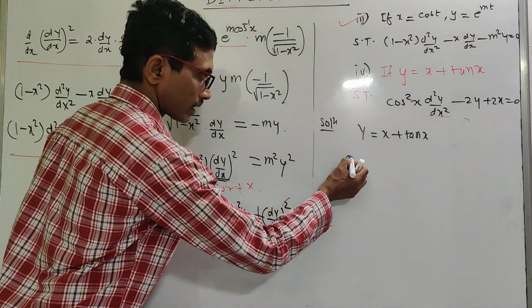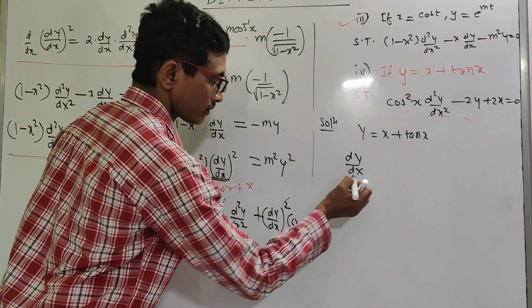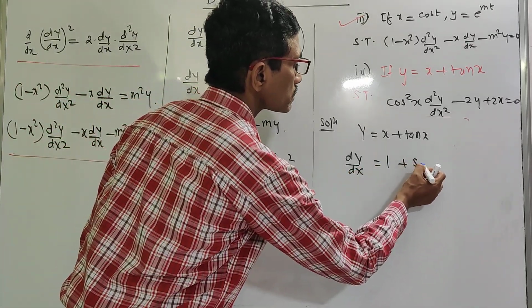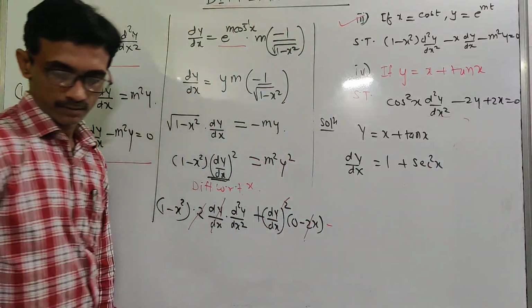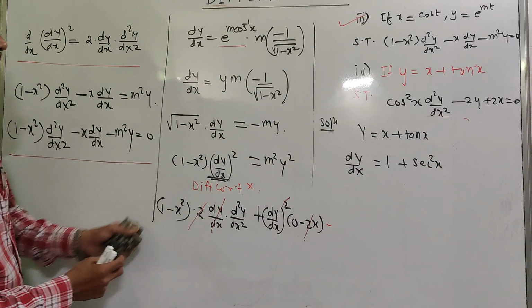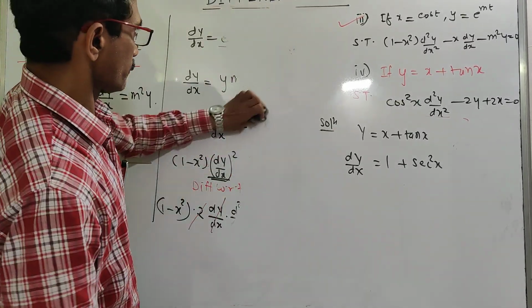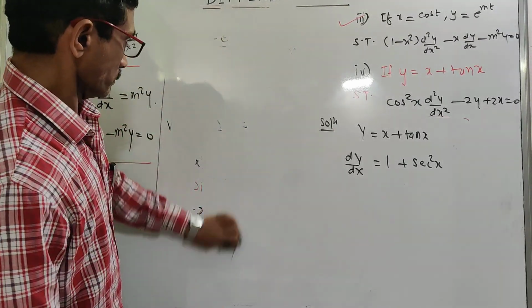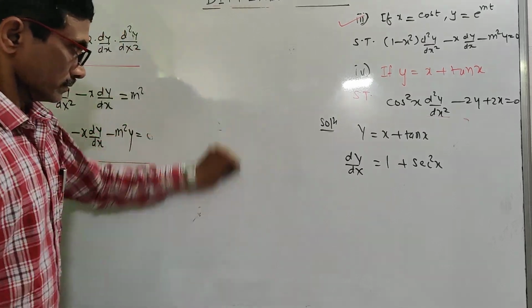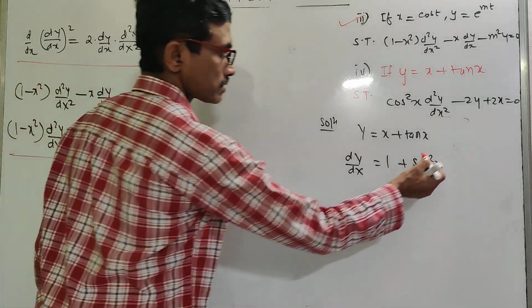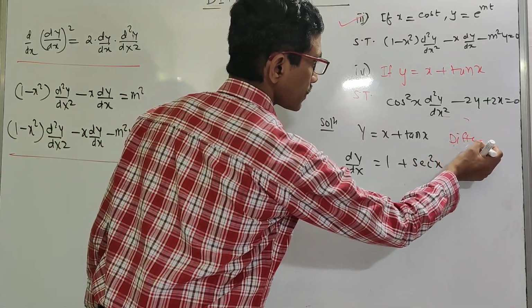So dy by dx, first derivative, that is derivative of x is 1 and derivative of tan is sec square x. Then again we differentiate it with respect to x.